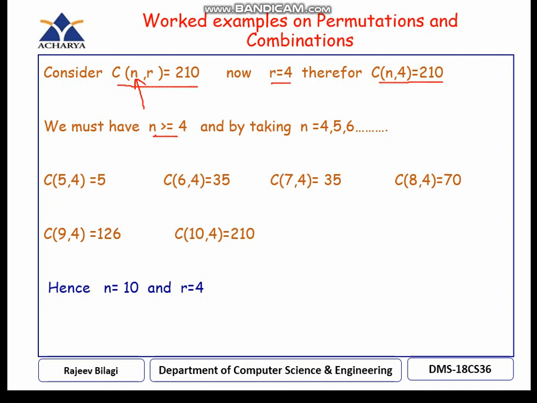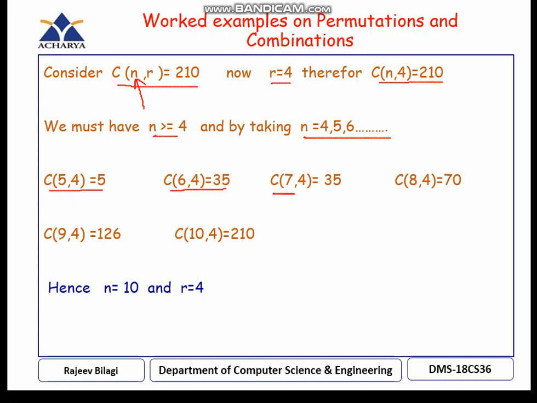So by taking the values 4, 5, 6 and so on. If n is equal to 5, I will get 5C4 is equal to 5. If n is equal to 6, I will get 15.